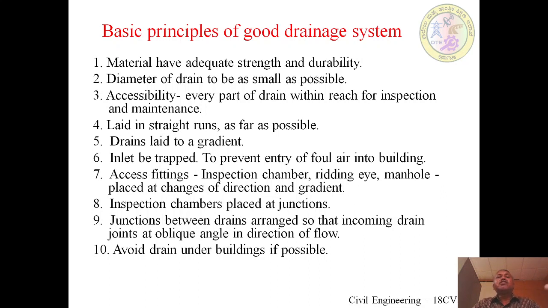Junctions between the drains are arranged so that incoming drain joints enter at an oblique angle in the direction of the flow. Means the incoming water from the joints or junctions should not interfere with the flow that is taking place in the main line. That is the meaning of it.